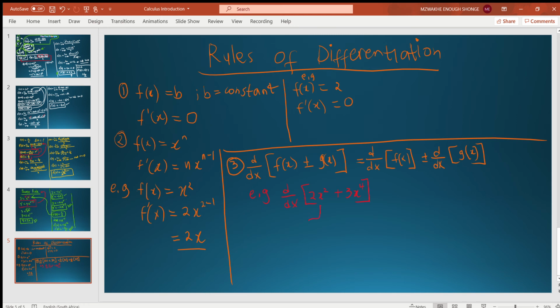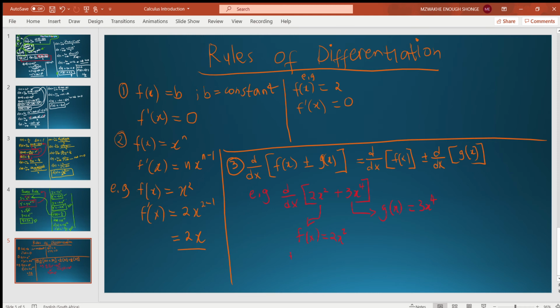This here is a function f. For example, f of x equals 2x squared, and this here could be a function g equals 3x to the exponent 4. So you are adding two functions.